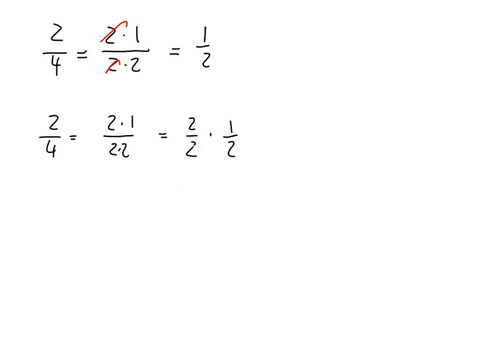You multiply 2/2 times 1/2, and then you get 2/4. And now you can ask, why is this the same as this? Well, you can immediately see this is 2 times 1 divided by 2 times 2, and you can cancel out the 2, and then you have 1/2.